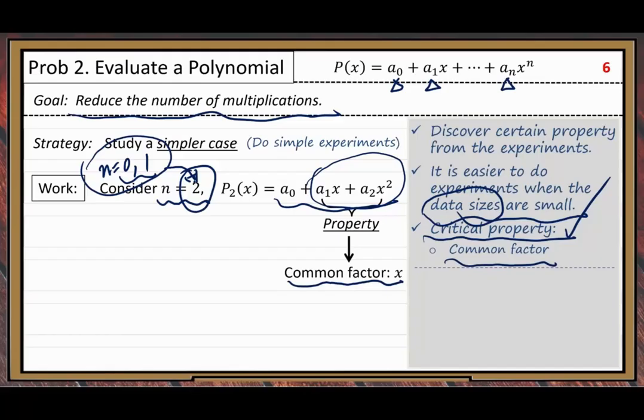So we should do something. With this special property, we want to do some special operation here, factorization. We factor this common factor out.